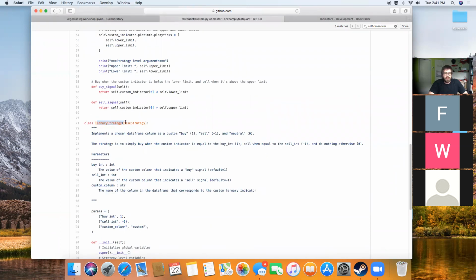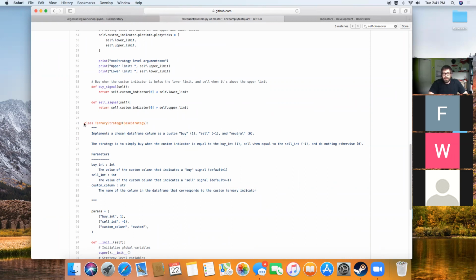Yeah, the ternary strategy. Basically, you pass to this strategy your data frame as data. You need a next column, which is a custom column, which has either 1, -1, or 0 if you want to buy, sell, or hold.